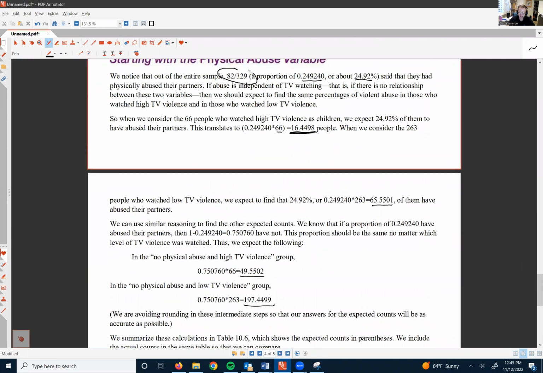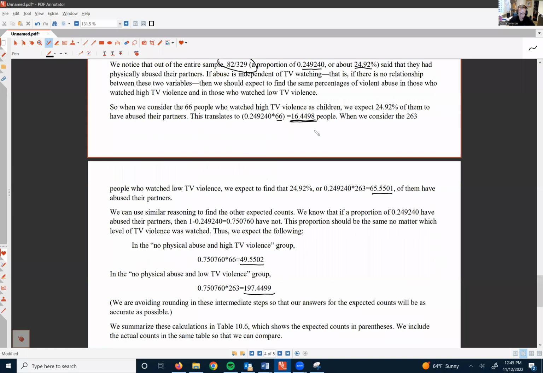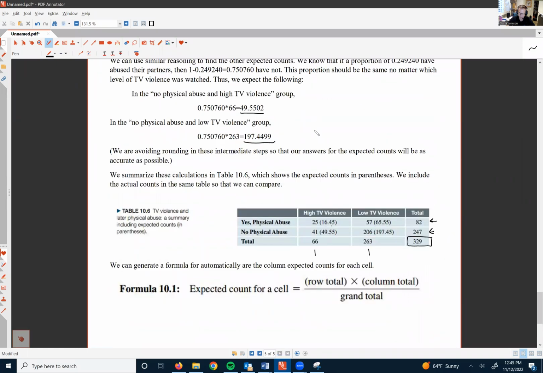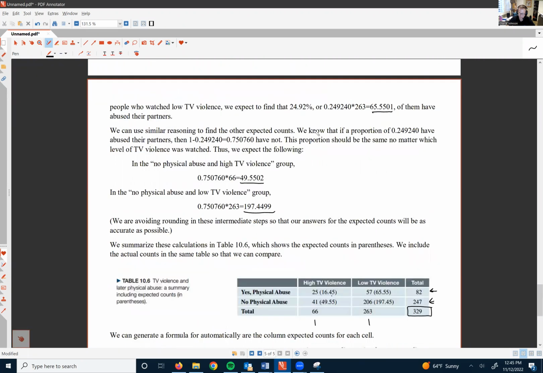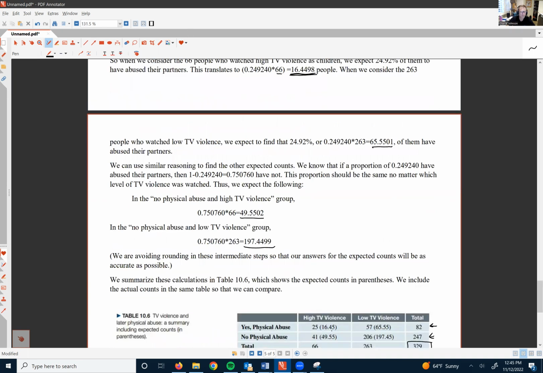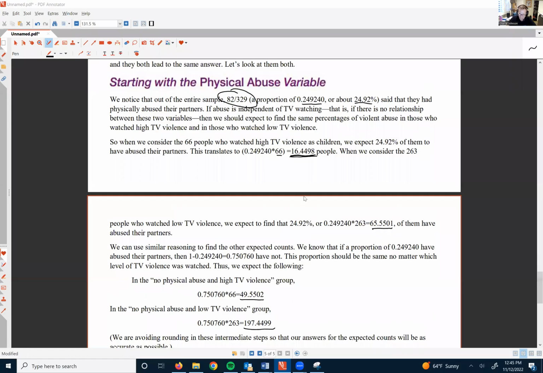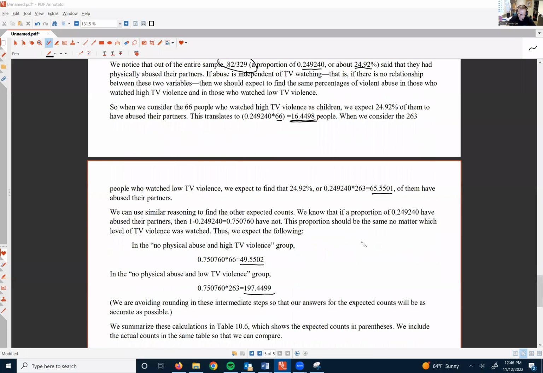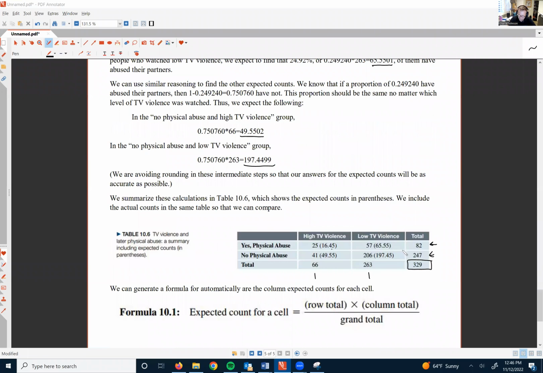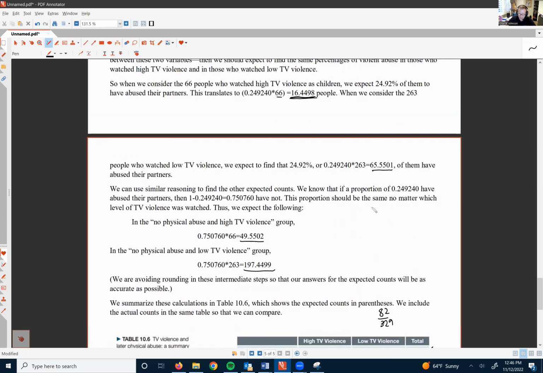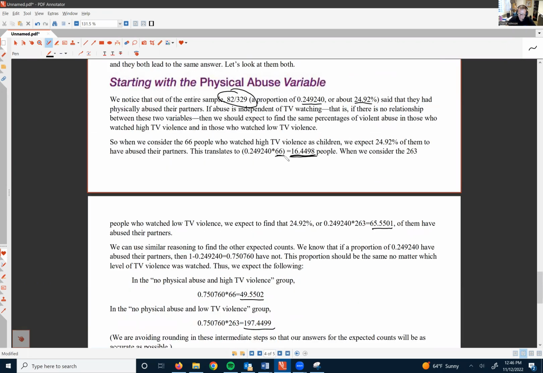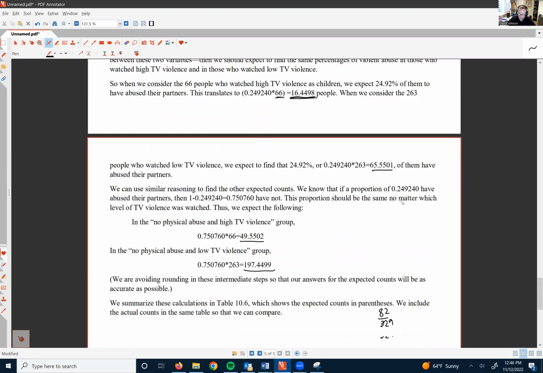We started off with 82 over 329, and then we multiplied that by 66.